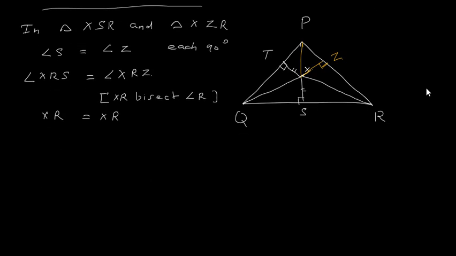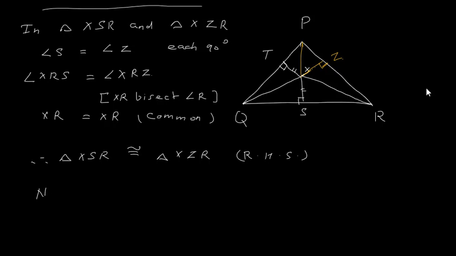This is a common side. So therefore I will say that triangle XSR is congruent to triangle XZR. The criteria is RHS. So we have proved that these two triangles are congruent.